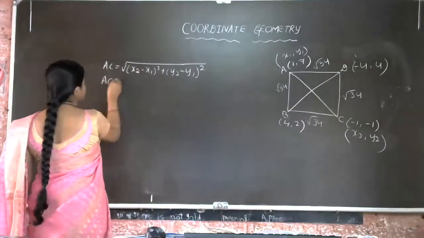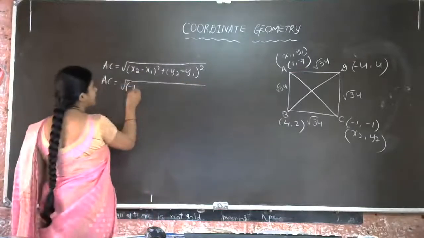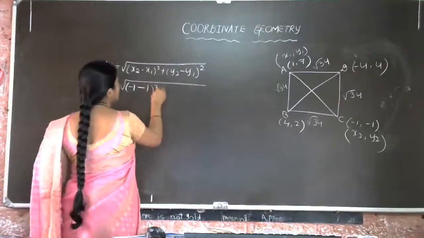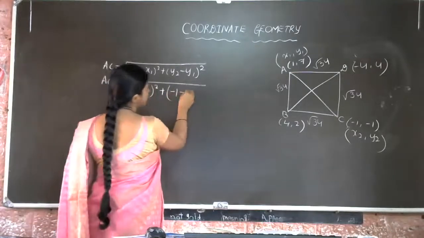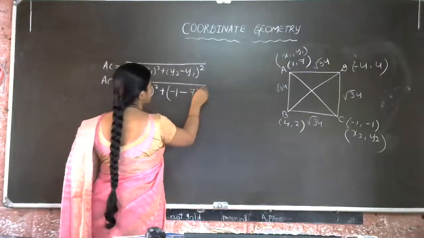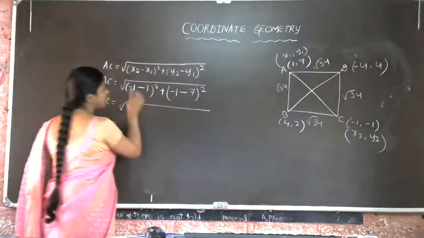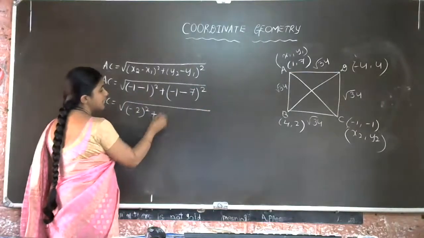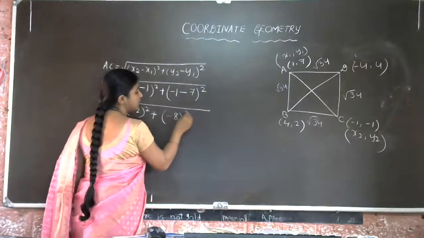AC which is equal to square root of (x2 is minus 1 minus x1 is 1) whole square plus (y2 is again minus 1 minus y1 is 7) whole square. So AC is equal to square root of (minus 2) whole square plus (minus 1 minus 7 is minus 8) whole square.